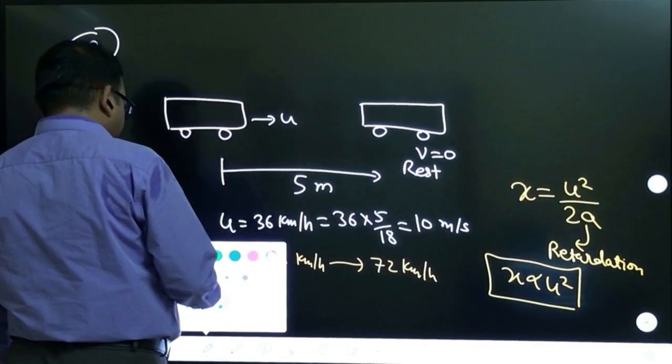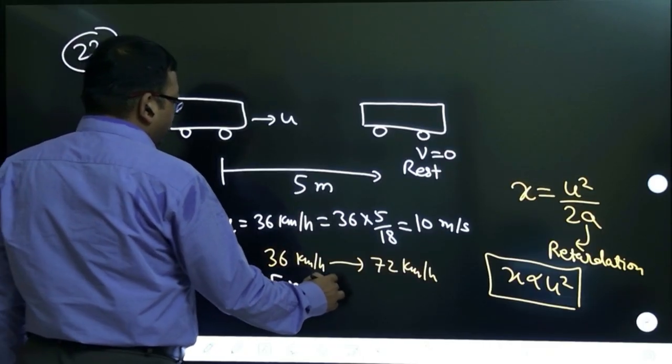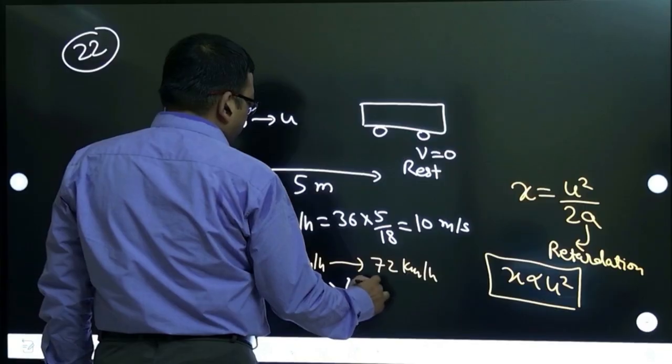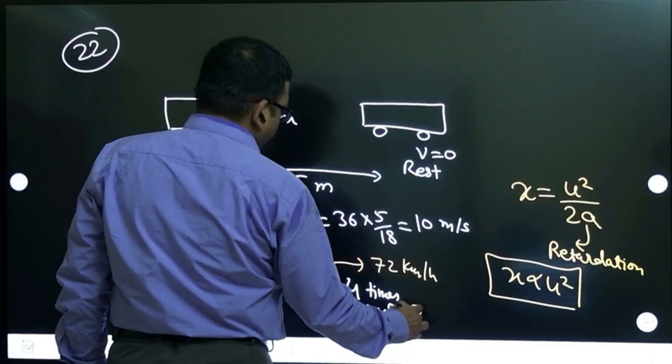Right now x is 5 meters, so it becomes 4 into 5, which is 20 meters. That is the answer.